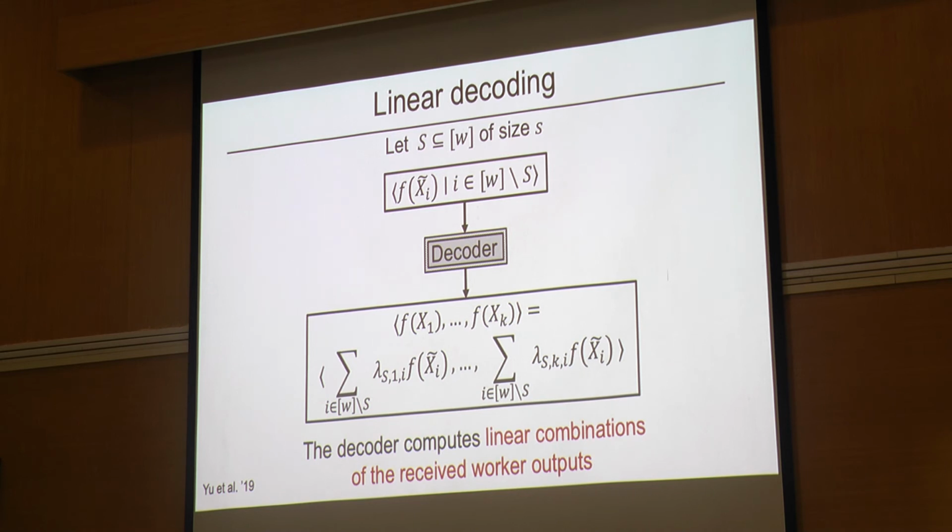Some subset of size S of the outputs will be missing, because we want to tolerate up to S stragglers. The decoder will take linear combinations of whatever is available to get back the original function, which is f of x_i's.